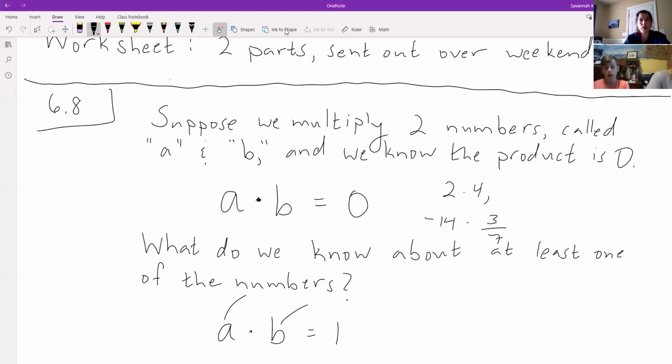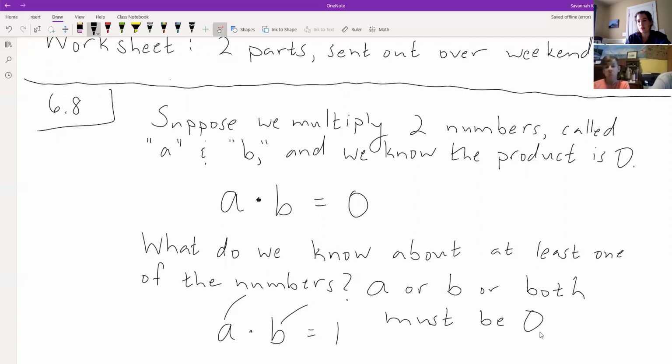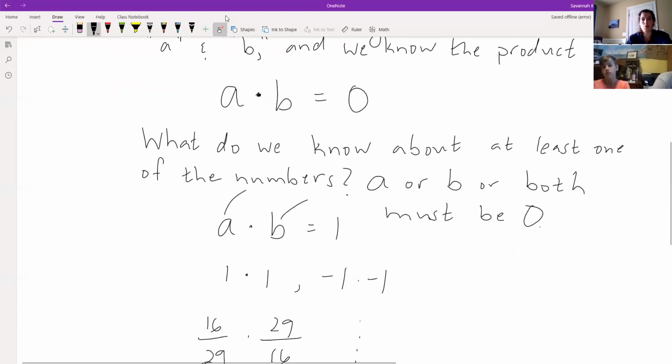There's really only, you could say, one way that we can ever get a 0, and that's if A or B or both of them, you got to have a 0 in there somewhere. That's the only way to create a 0 by multiplication, is if one of those numbers is 0.